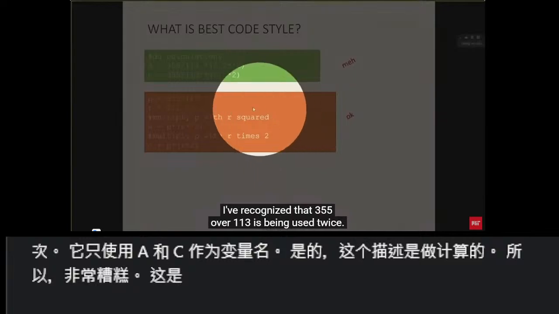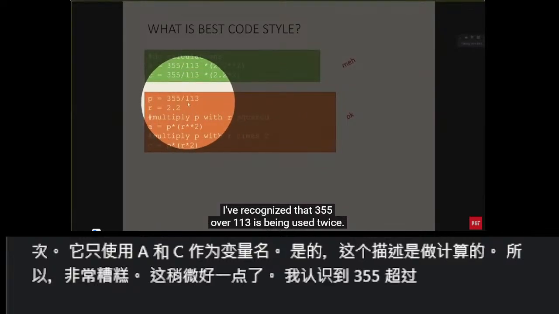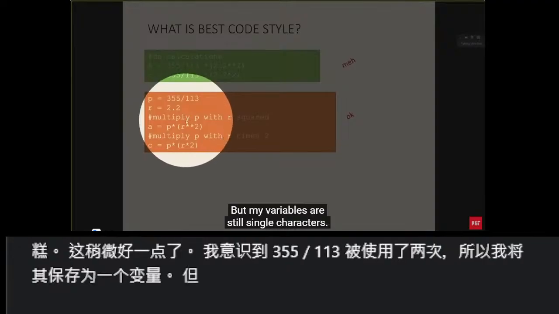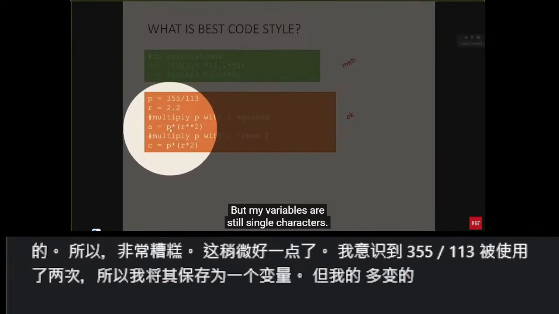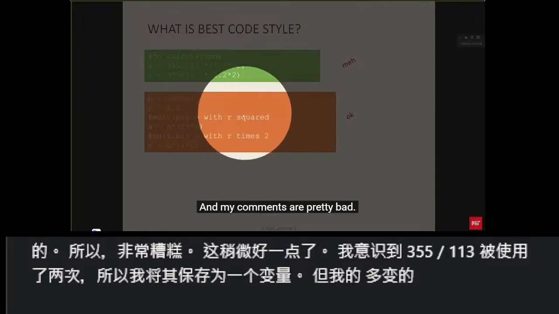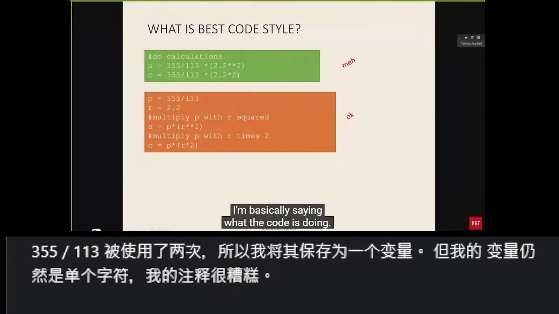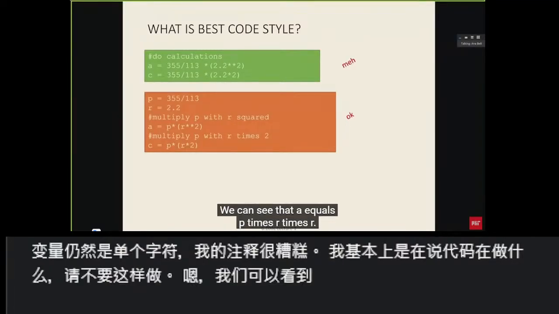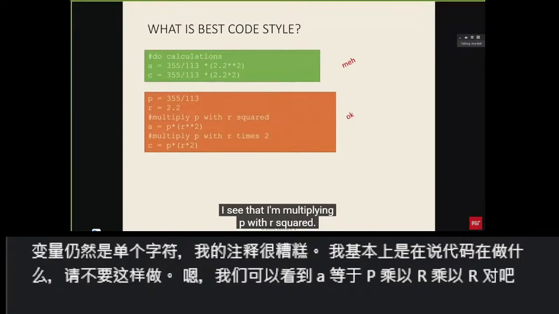I've recognized that 355 over 113 is being used twice, so I'm saving it as a variable, but my variables are still single characters, and my comments are pretty bad. I'm basically saying what the code is doing. Please don't do that. We can see that A equals P times R, right? I see that I'm multiplying P with R squared.